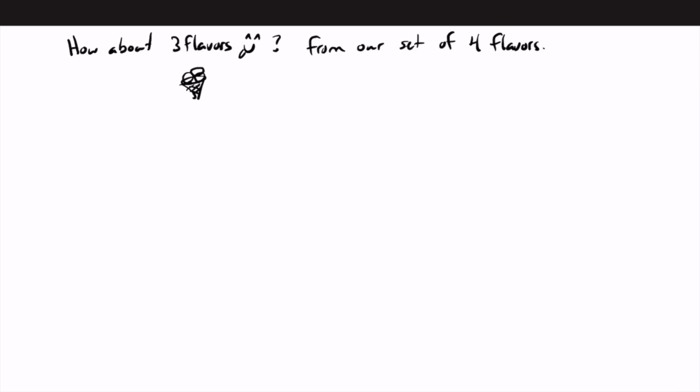So what are we going to do? Well, let's think about one combination. Let's look at chocolate, vanilla, taro.